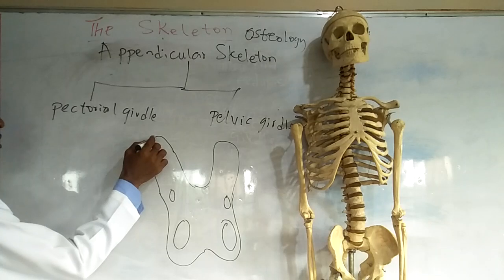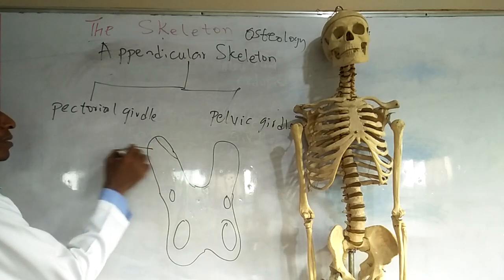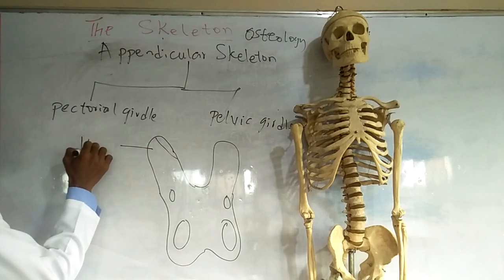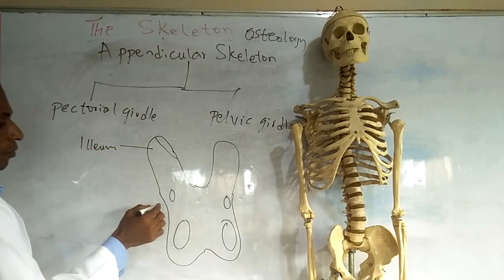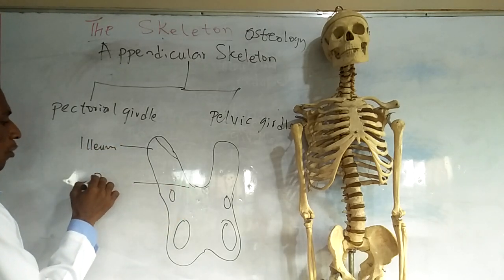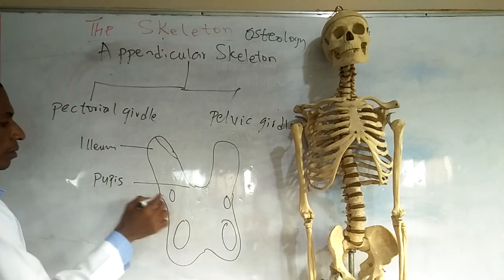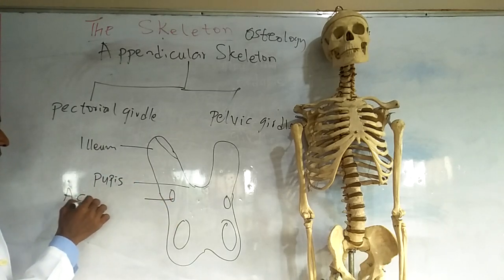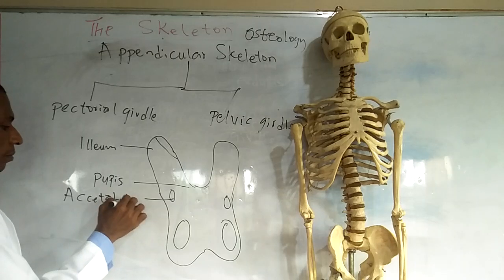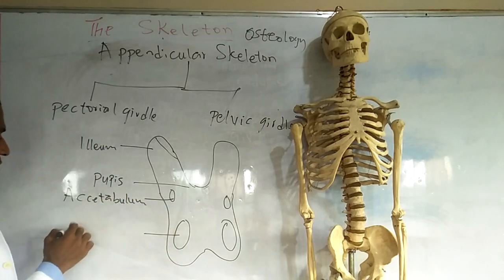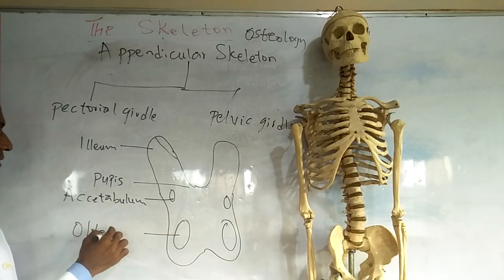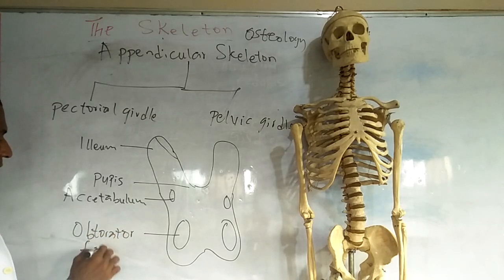We call this location the ilium. We call this the pubis. We call this acetabulum. We call this obturator foramen.